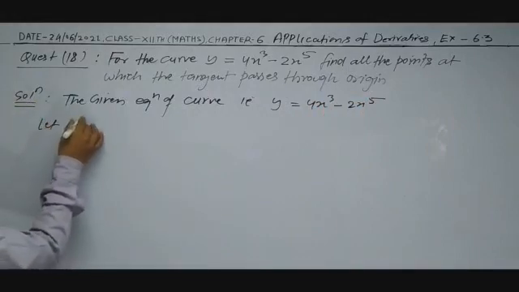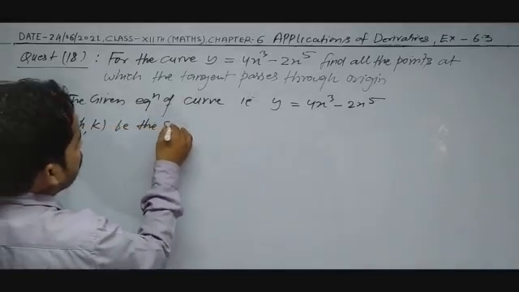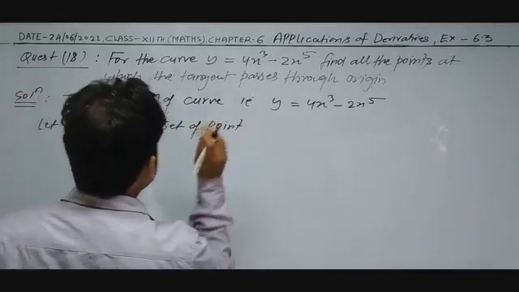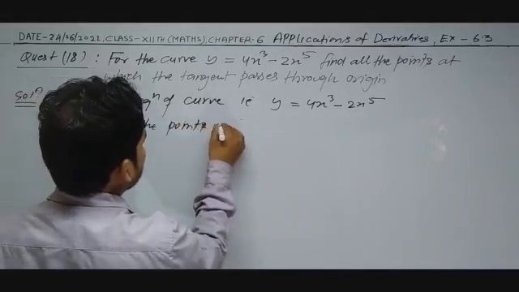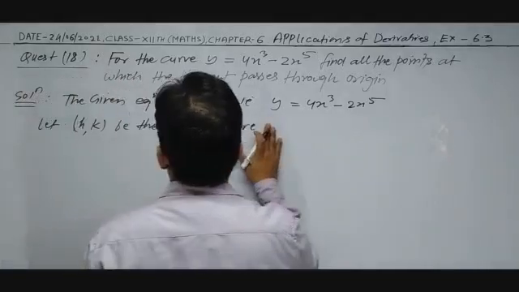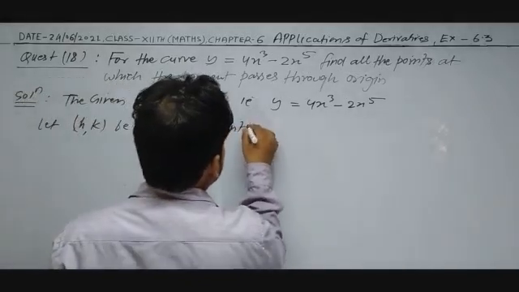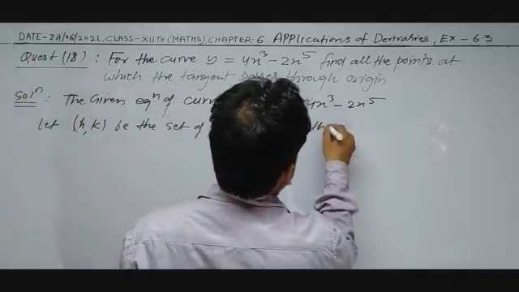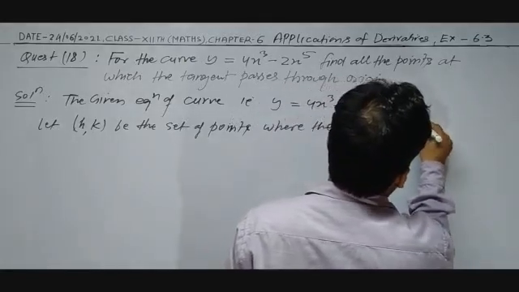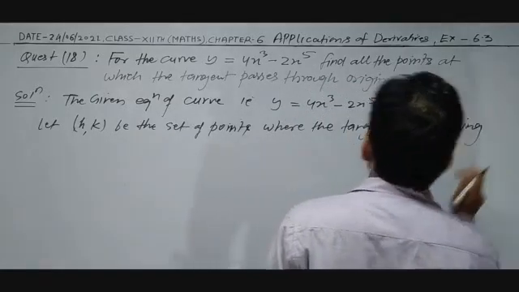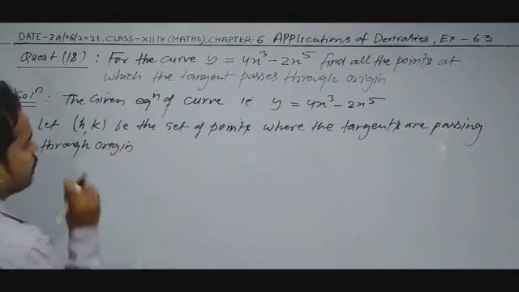Let h comma k be the set of points where the tangent or tangents are passing through origin.